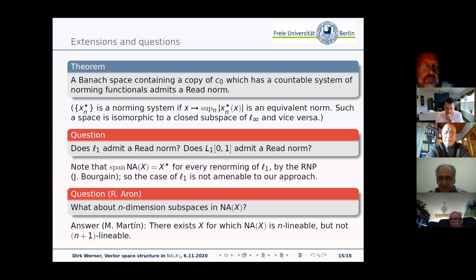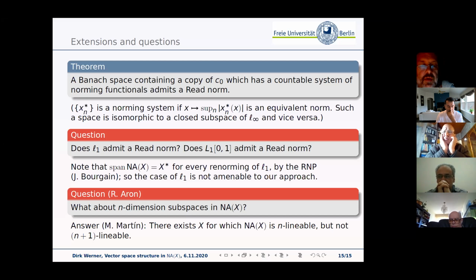If you take a space that is isometrically a dual space, X star, such that the set of norm-attaining functionals is a vector space, is this forcing reflexivity of X? What I can show is that X is necessarily weakly sequentially complete. But I don't know if X is necessarily reflexive. Do you have any feeling about this?